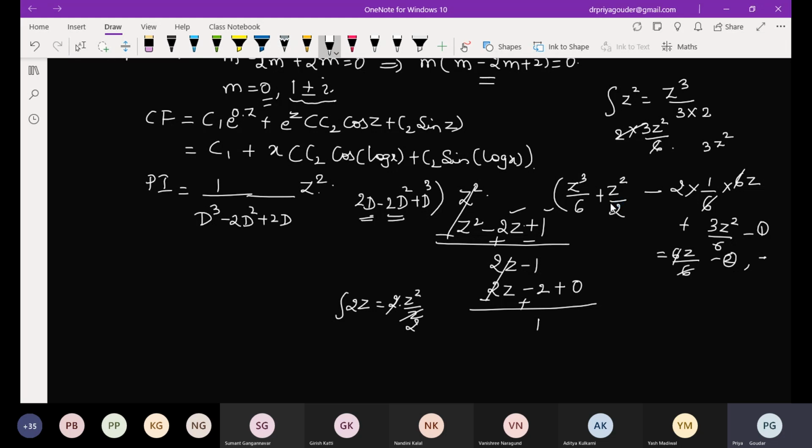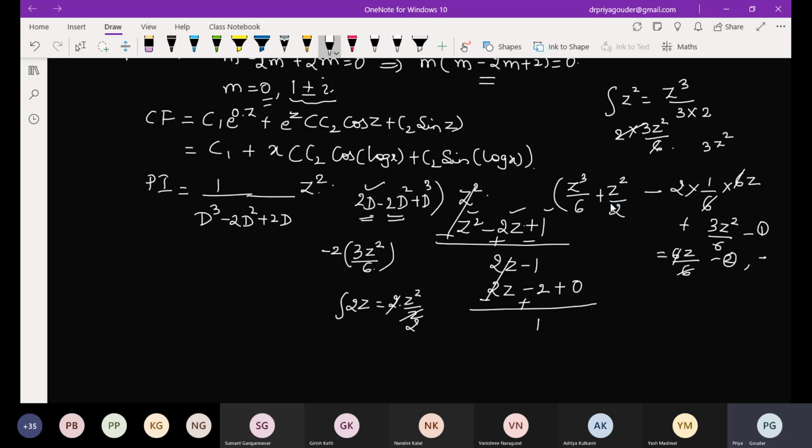I have operated z cube by 6 on the first term, and I'm getting z square. Next, I have to take the same term and operate it on minus 2z square. So minus 2 into its second order derivative. What is the first order derivative of z cube? 3z square by 6.